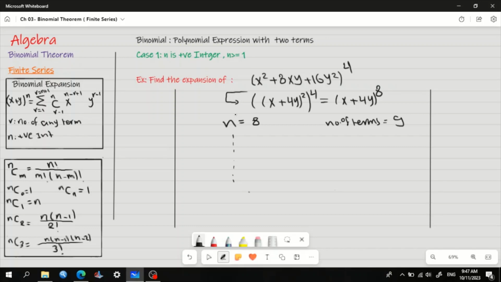As we done before, just write our binomial here for y, and just write here from 1 to 9 and apply this general form of binomial expansion to find this expansion. Okay, I hope that is clear.